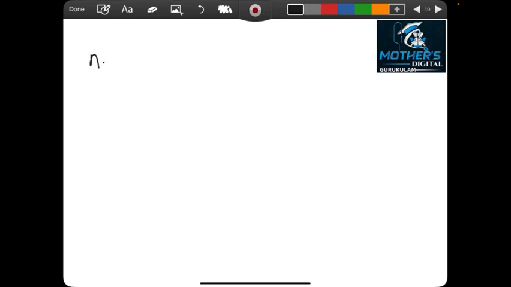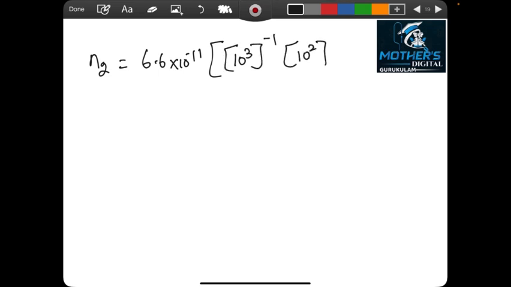Substituting, N2 equals 6.6 into 10 power minus 11, 10 power 3 whole power minus 1, 10 power 2 whole power 3, and 1 power minus 2. So this is 6.6 into 10 power minus 11, 10 power 3 into minus 1 is minus 3, 2 into 3 is 6.